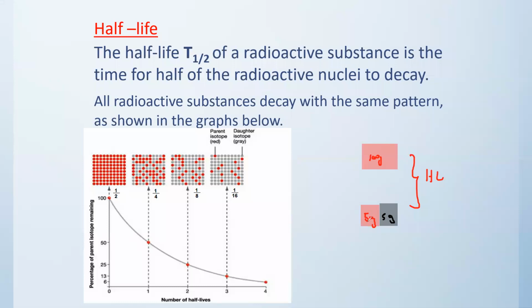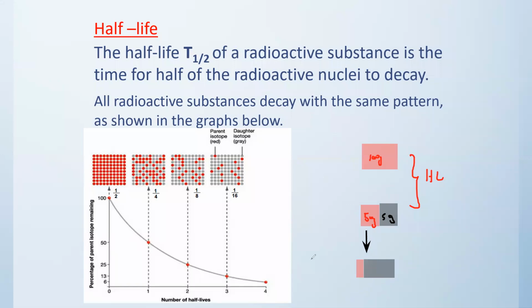Then this 50 gram which is unstable will further emit radiation, and it will turn into 25 gram unstable and 25 gram stable, and already we had 50 stable, so it will become a total of 75.